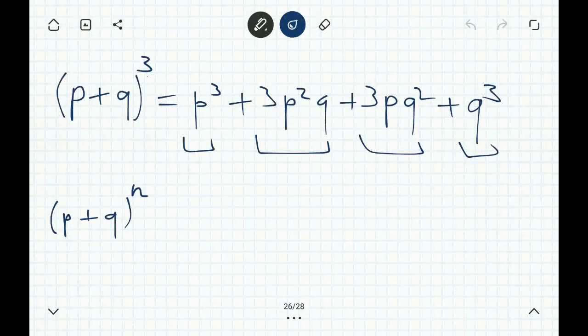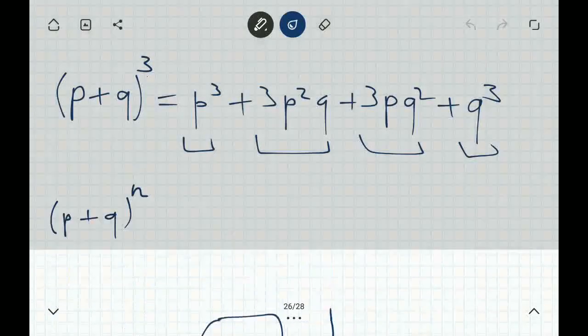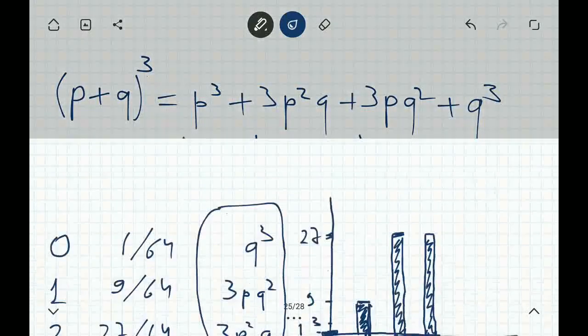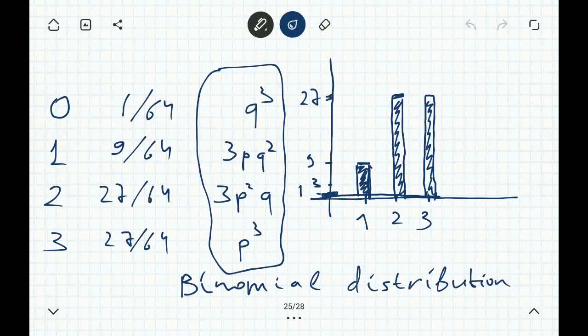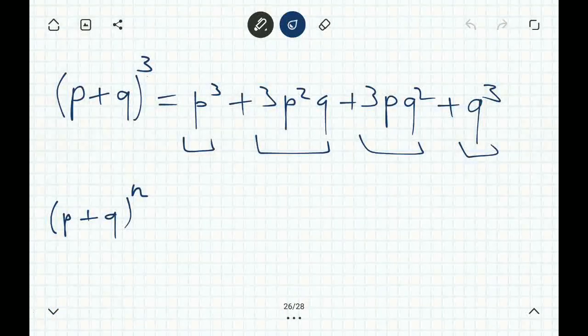But what about the other cases? What if we don't want to make 3 trials? Maybe we want 17 trials. How do we find these expressions? Well, you just use the binomial formula.